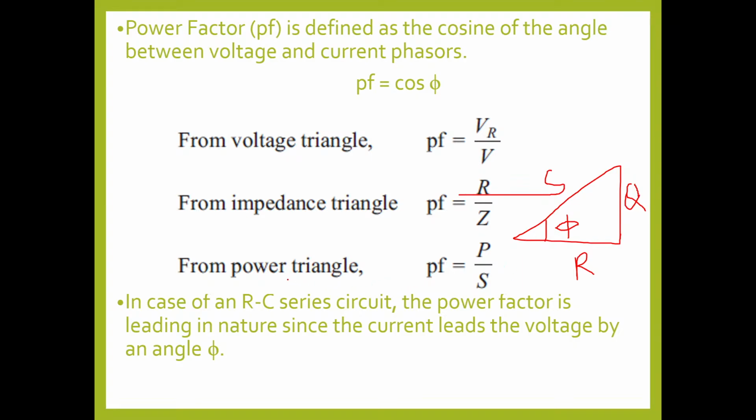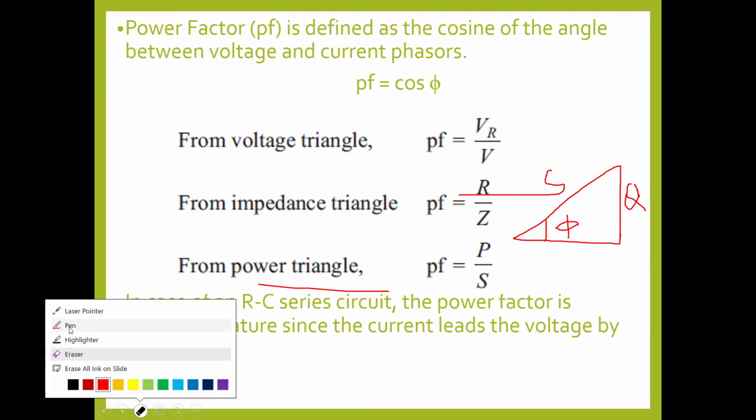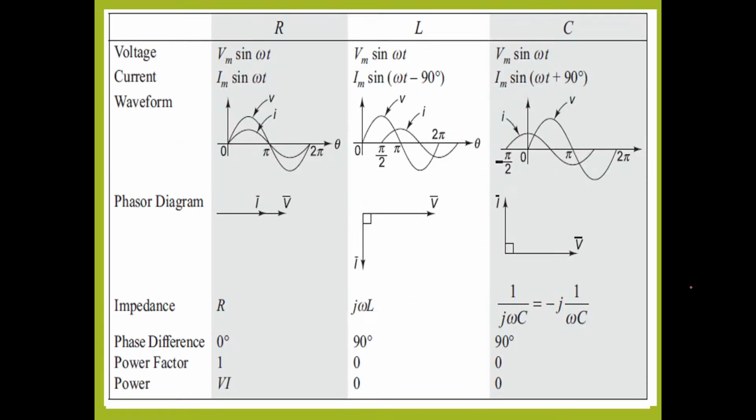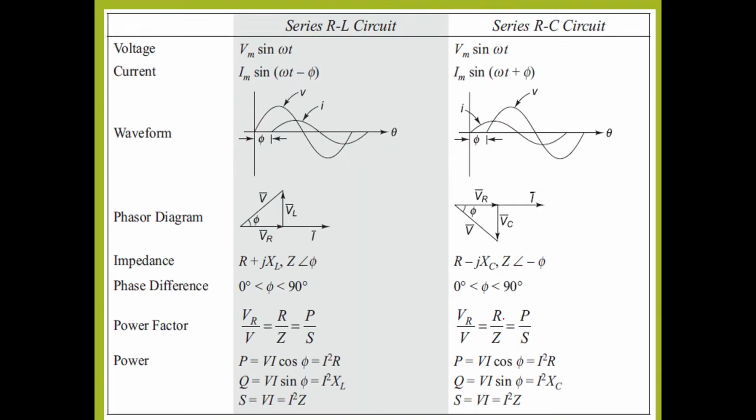So what is the power factor from the power triangle? Sorry, this is P, I have written R. Real power P. So P by S is the power factor from the power triangle. I have summarized all these in a tabular column.